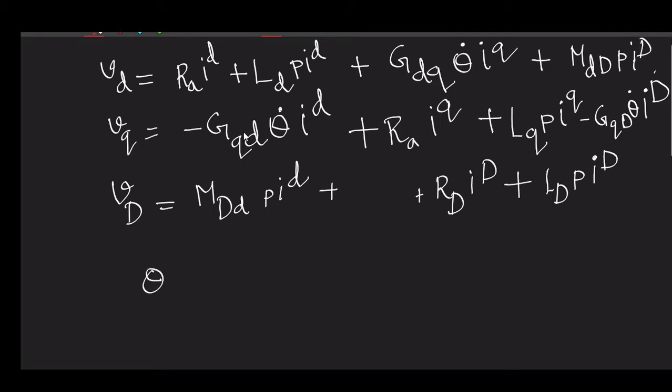First of all, theta dot is equal to d theta by dt, the angular velocity, and its unit is radian per second, and therefore it has the dimension of time inverse.